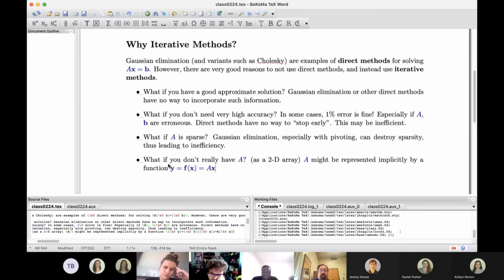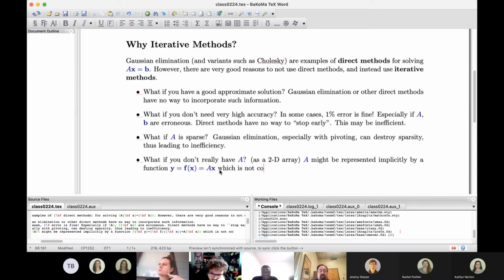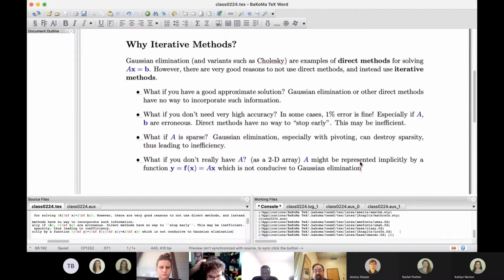So you may have a function where you can input any vector x and the output will be A times x. Now that's not so good for Gaussian elimination, because Gaussian elimination works with the individual entries of a matrix. So it'd be nice to have some way of solving Ax = b where you don't have to manipulate individual entries like Gaussian elimination does.